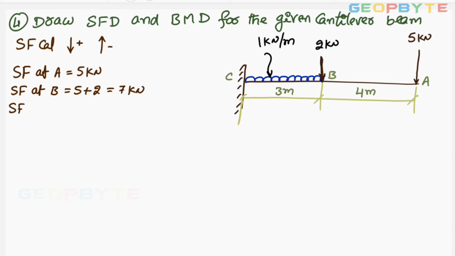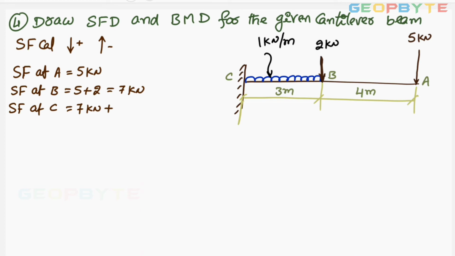Now SF at C, directly I can go for C, because at C there is no point load. If a point load is there at C, then I should consider the shear force just before C, then the shear force at C. But between B and C, only UDL is there. That's why I directly went for the shear force at C. So already 7 kilonewtons is there, plus, shear force means algebraic sum of point loads only.